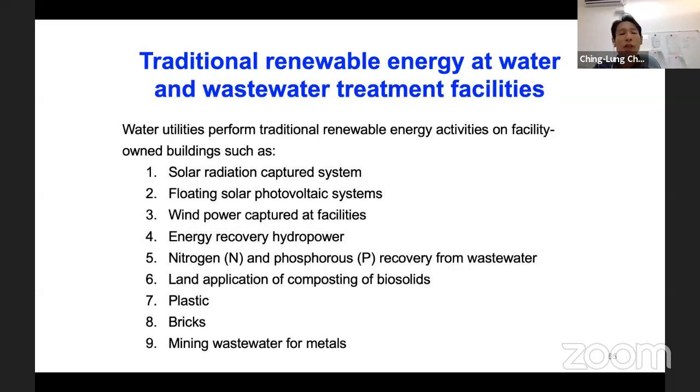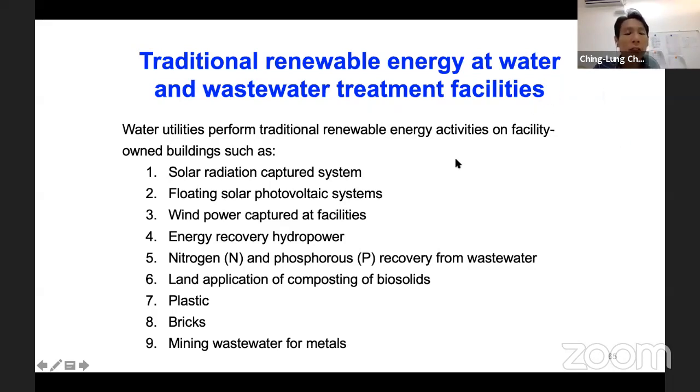And this is the traditional renewable energy at water and wastewater treatment facilities.